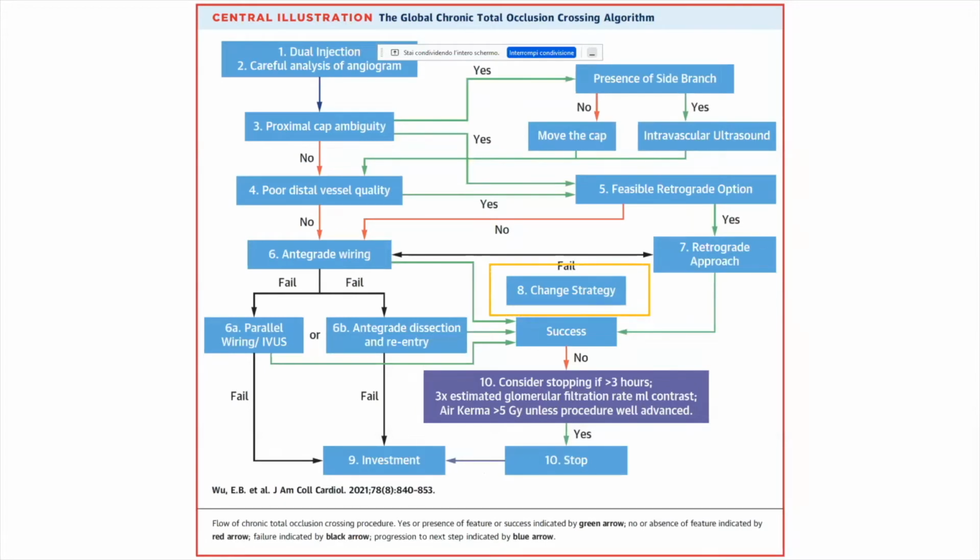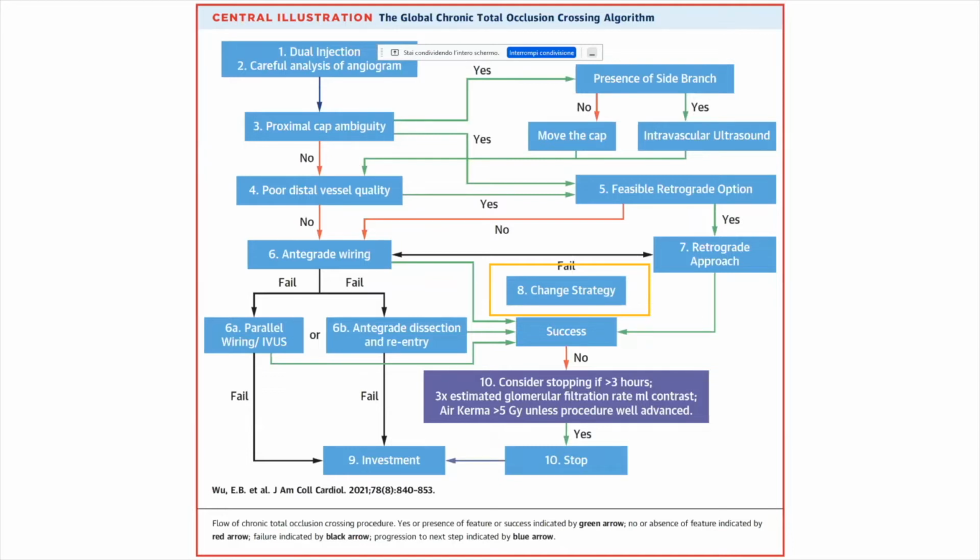So step 8 is when to change strategy. For the authors of the global algorithm, there is no recommendation to change strategy, unlike the Japan CTO algorithm, where there is a recommendation of a 20 minute limit to change strategy.